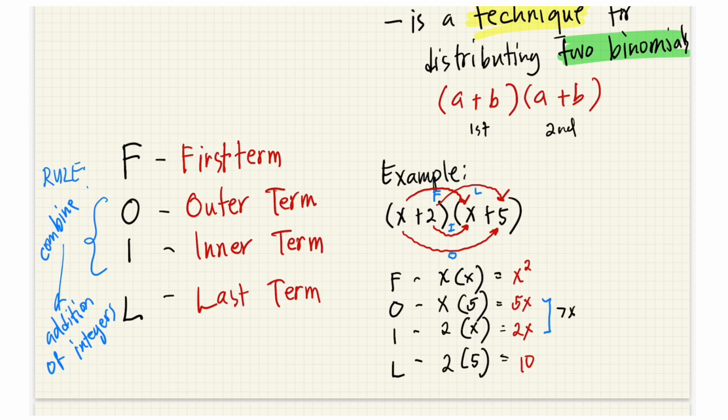Now, we combine the 3 and it gives us x squared plus 7x plus 10. Our final answer for x plus 2 times x plus 5 is x squared plus 7x plus 10.